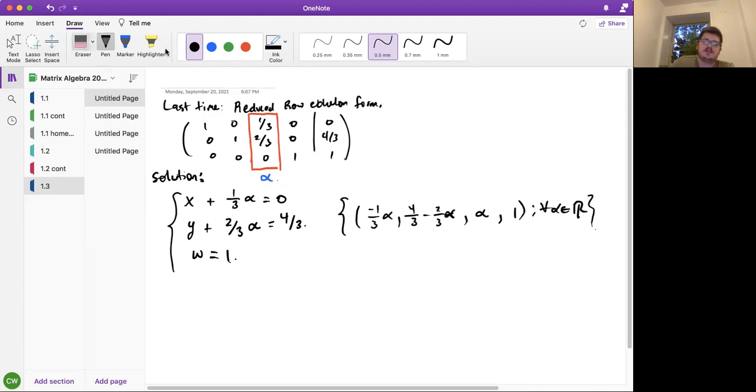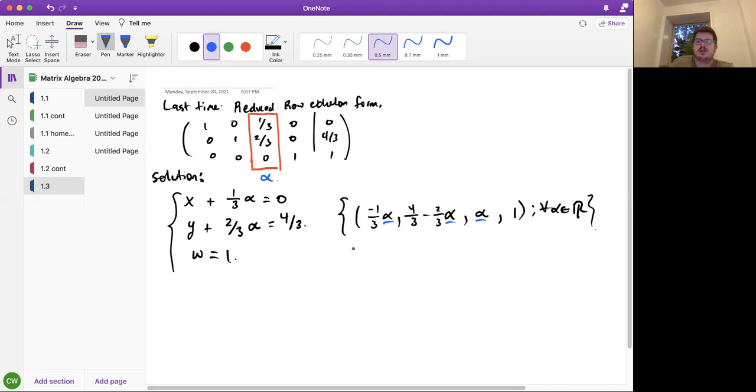So what does the free variable mean? Could someone explain what the alpha is? Yeah, it means all real numbers. So to express a solution, you can just choose any alpha you want.